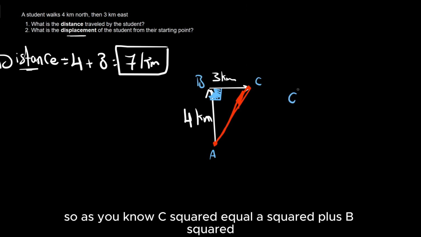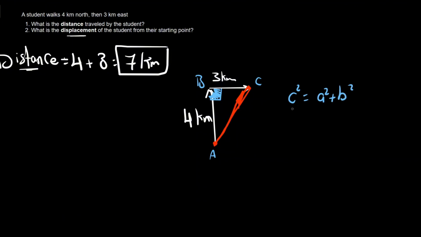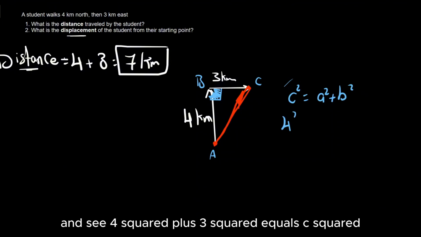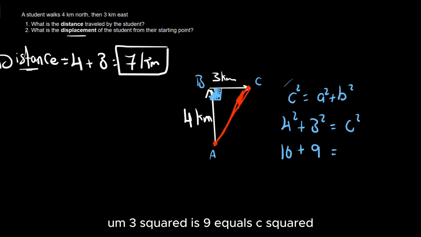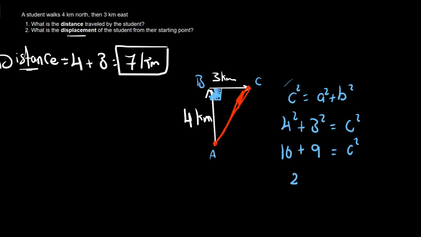So as you know, C squared equals A squared plus B squared. So the required side here, which is C, C squared I mean, 4 squared plus 3 squared equals C squared. 16, 3 squared is 9, equals C squared, 25 equals C squared.